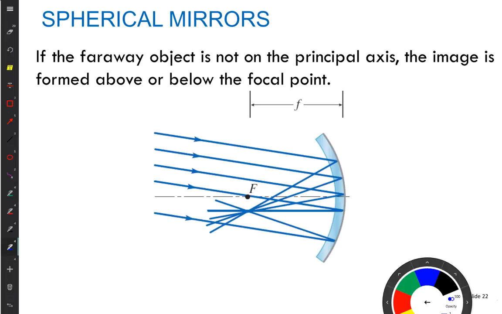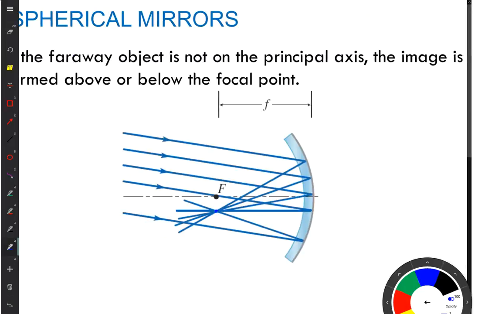Let's just do some ray diagrams. If I have parallel rays coming into a mirror, they should all meet the same place. We're going to again use paraxial rays, so they're going to be parallel to the principal axis. The focal point is where those parallel rays meet.